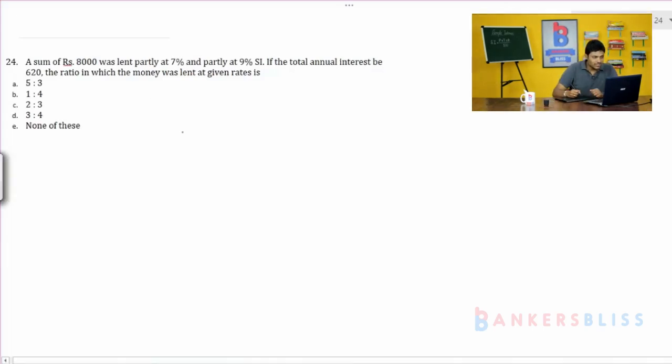So 7% on the principal amount. Consider the principal amount as P, and the next principal amount as 8000 minus P. So 7% on P plus 9% on the other principal amount, and you are getting 620 rupees as the resultant sum.